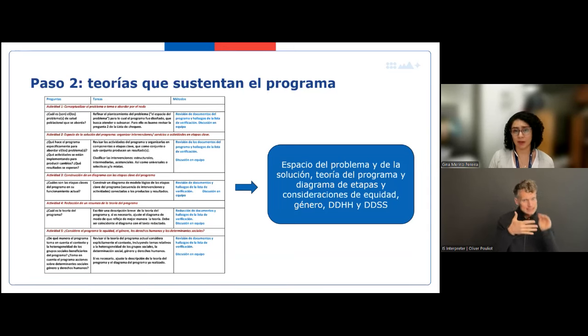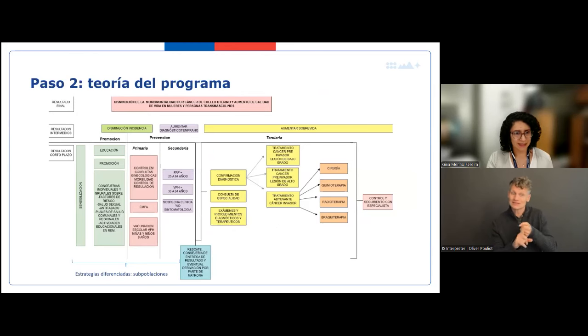So in this step, what we discuss as part of the team is what is the space of the problem and what is the solution, and what is the general theory of the program, and how these considerations affect the different health interventions that I'm going to share with you.